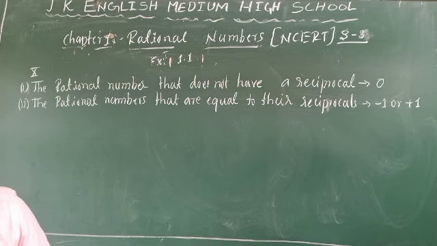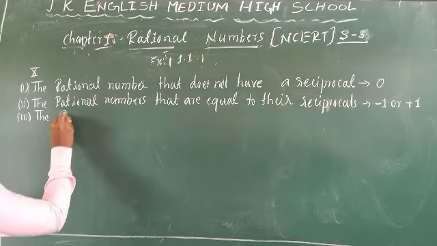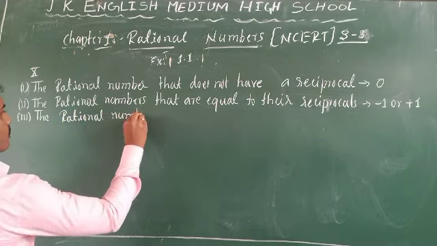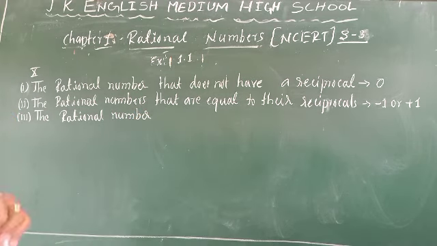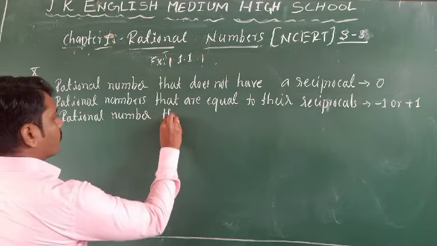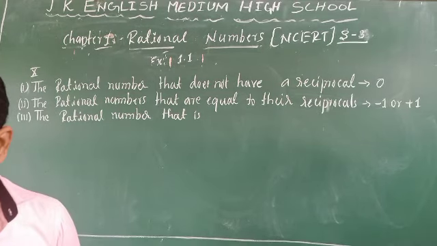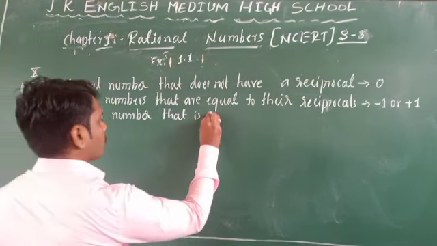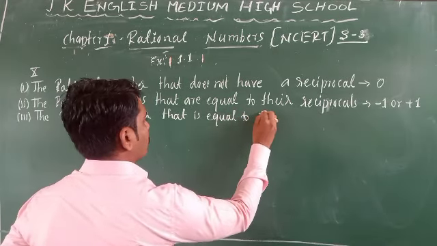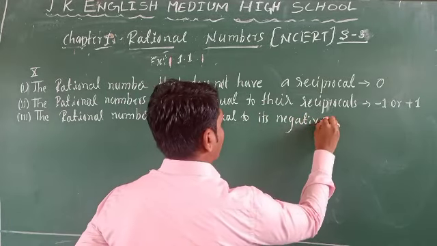The third one: the rational number that is equal to its negative.